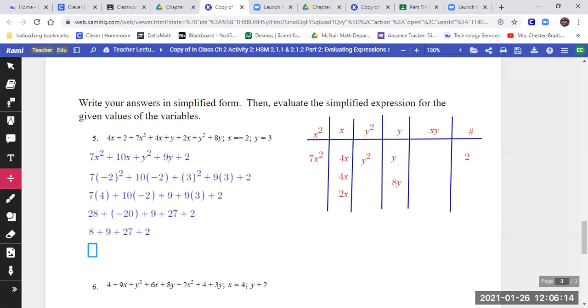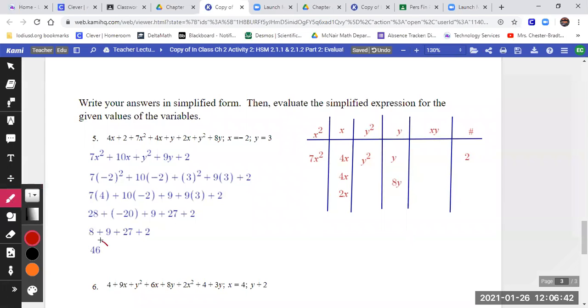An 8 plus a 9 plus a 27 plus a 2. What do we get? 46.